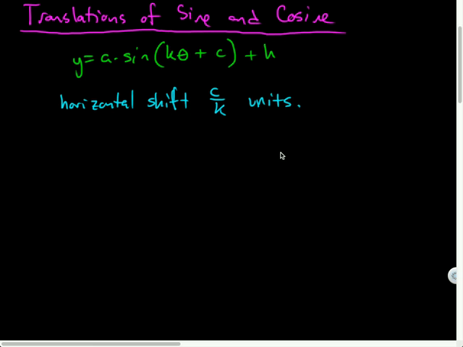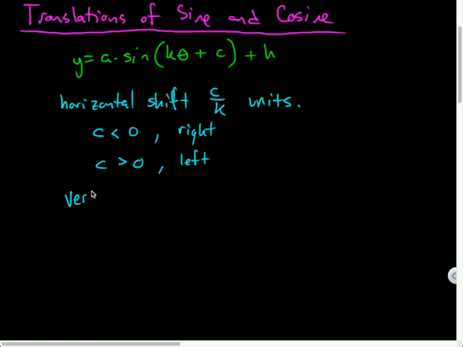If c is less than 0, it shifts to the right. So if c is negative, it moves in the positive x direction. If c is greater than 0, it shifts left. And if c equals 0, it didn't shift at all. It tricked you. You thought it shifted. So that's kind of a tricky thing, is that you have to divide c by k in order to know what the horizontal shift was.